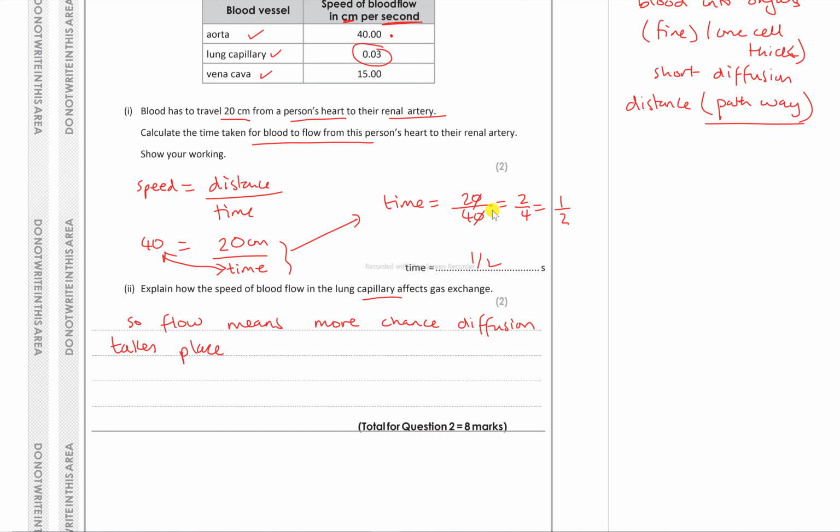Because it's talking about the lung, that means CO2, carbon dioxide out of the blood and oxygen into the blood. That would get you to 2 marks.